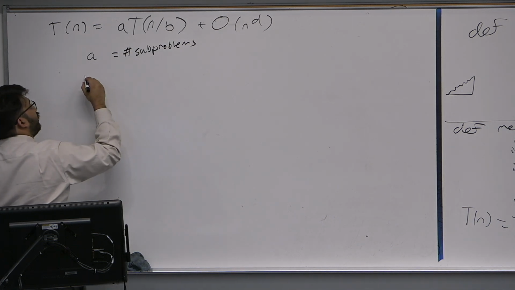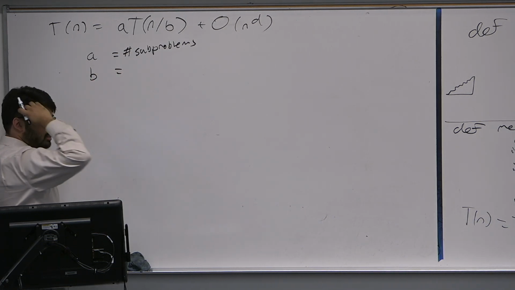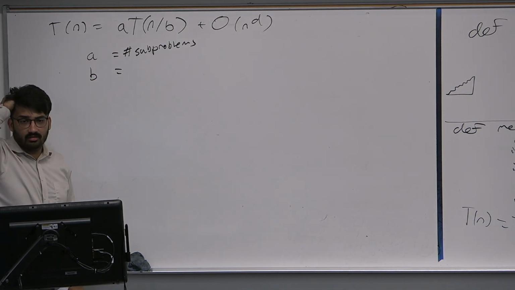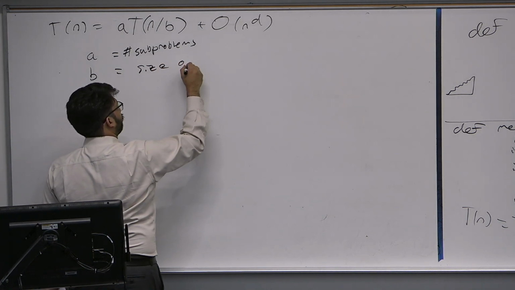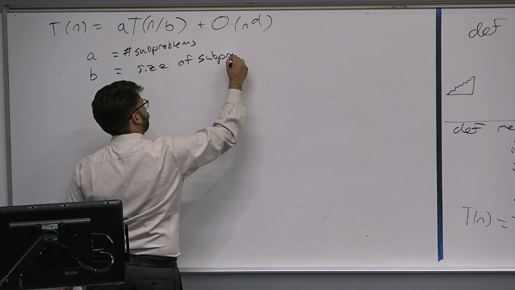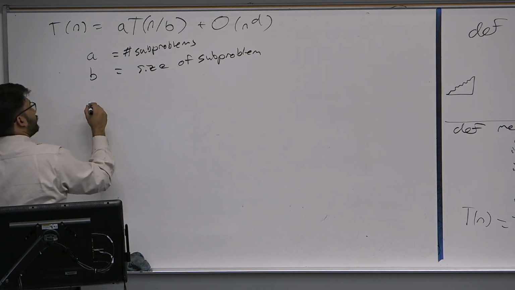What is B? Or 1 over B? And what is n to the d?